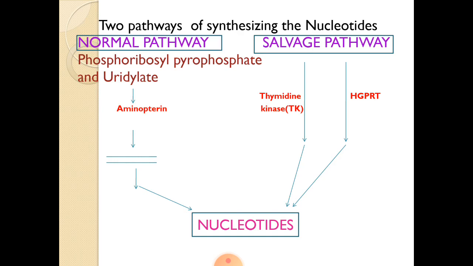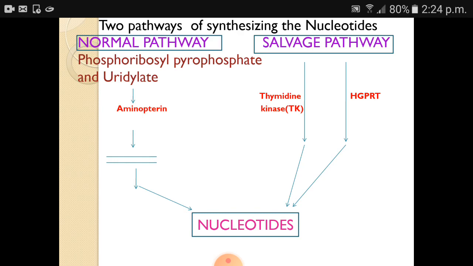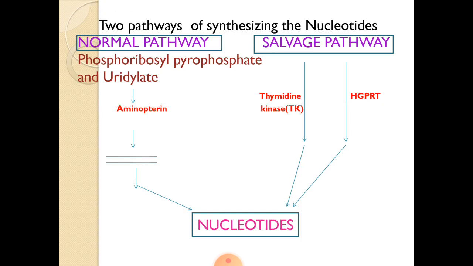This slide shows the two pathways of synthesizing the nucleotides, namely the normal pathway and the salvage pathway. In the normal pathway, phosphoribosyl pyrophosphate and uridylate are used, and when you put aminopterin, the nucleotides cannot be synthesized.